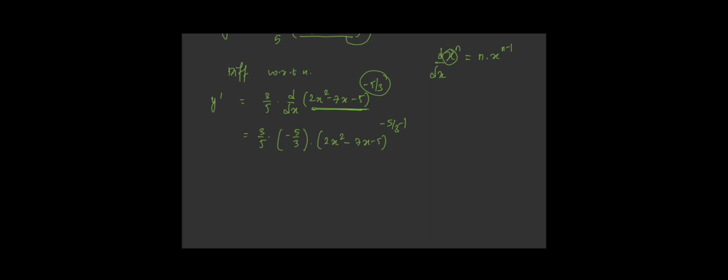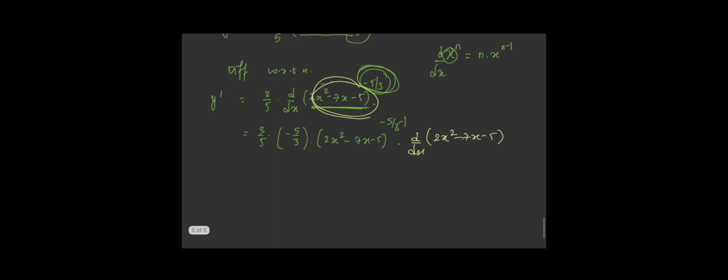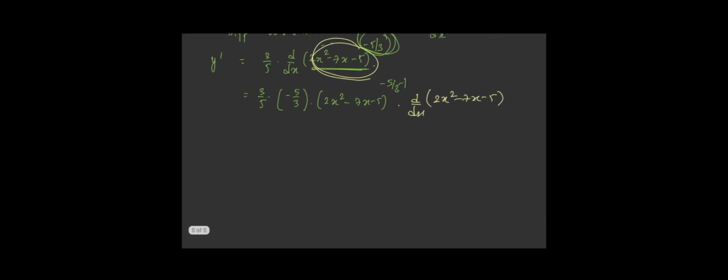That's the differentiation of this bigger part, which has power n, but we need to differentiate the inside part also. So we need the differentiation of 2x square minus 7x minus 5, and this should give our final result.